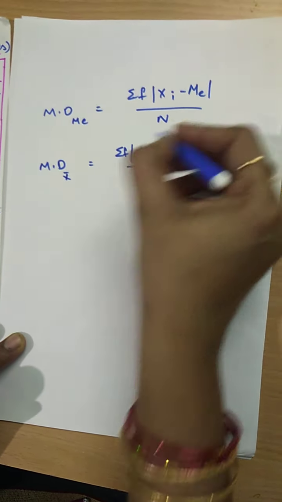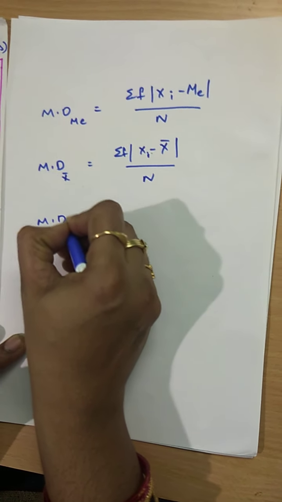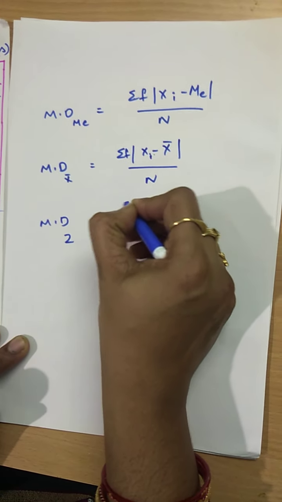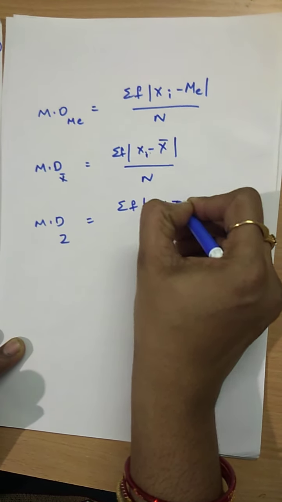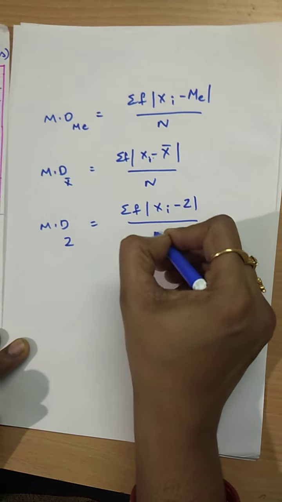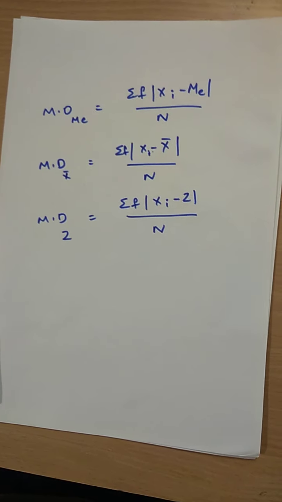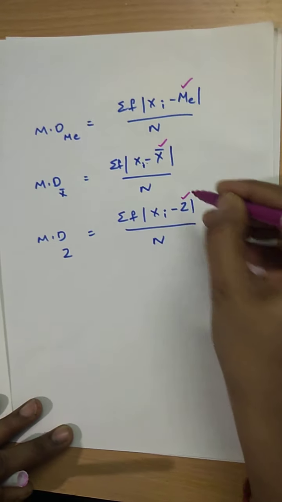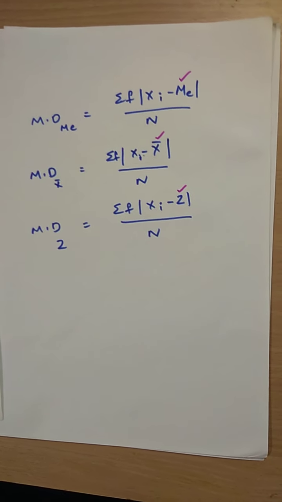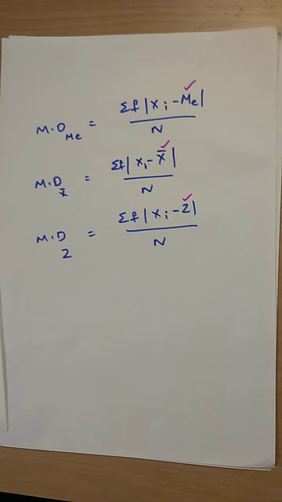Here x bar is the mean. Mean deviation about mode equals summation of f into modulus of xi minus Z, where Z is the mode. So this is median, this is mean, this is mode. We can find the mean deviation about mean, median or mode.